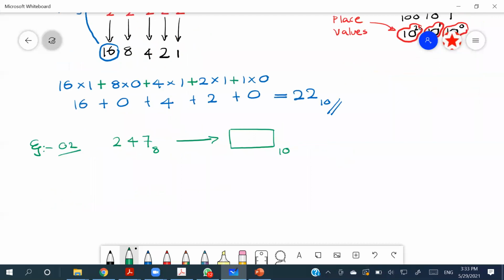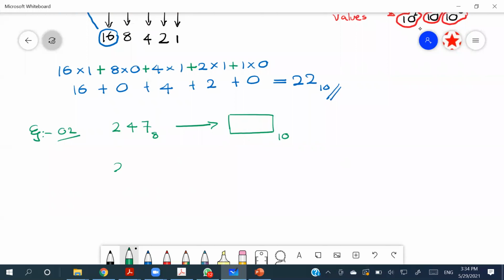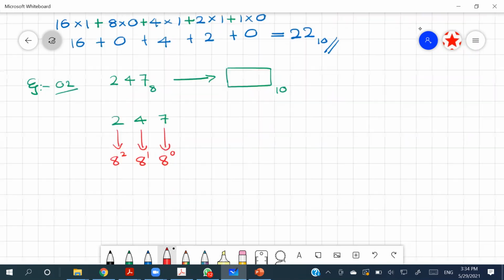Since this is an octal number, we have to write the powers of 8 as the place values, right? So we take 247. Then we represent the powers. So what would be the powers? 8 to the power 0, 8 to the power 1, and 8 to the power 2, right?